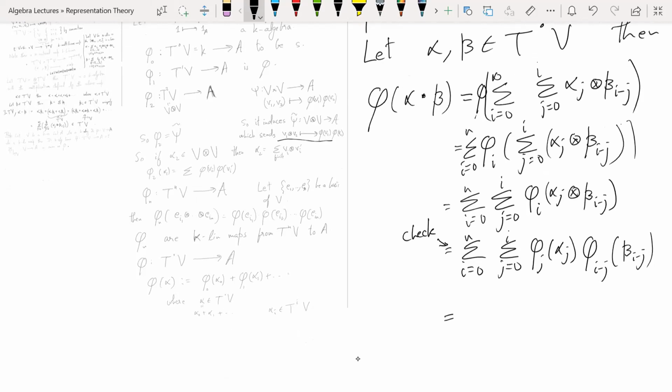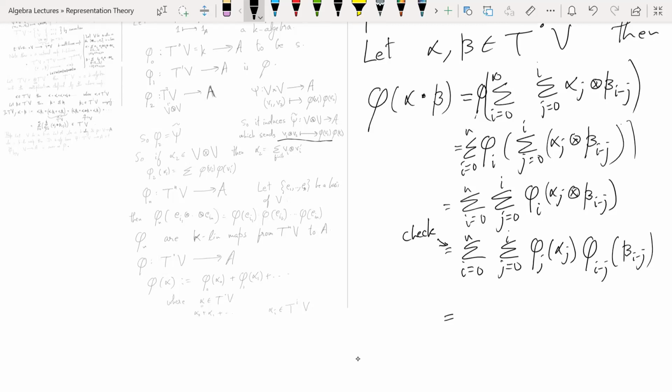So alpha j is some linear combination of e i1 tensor e i2 tensor up to e ij, and beta I minus j is similarly some linear combination of similar tensors. And then on each factor you just apply phi.